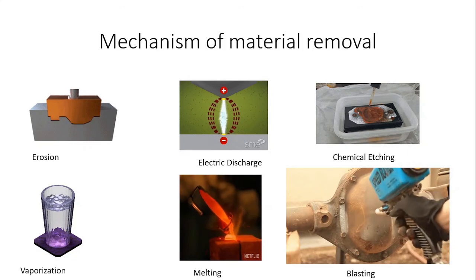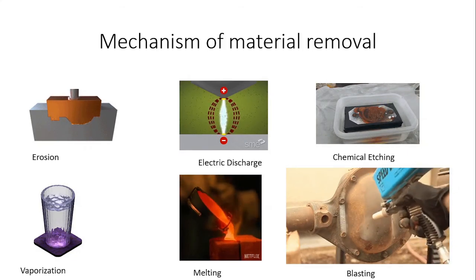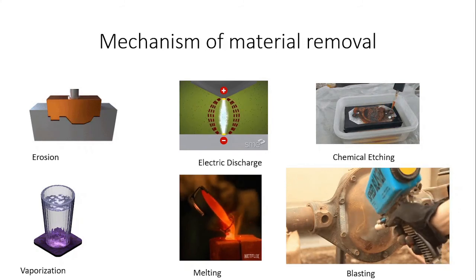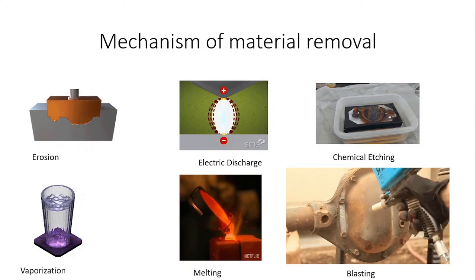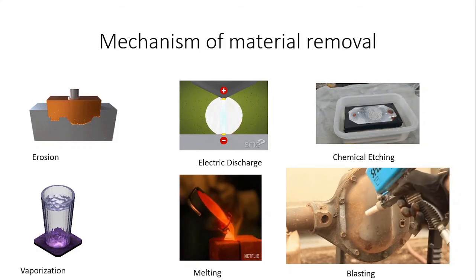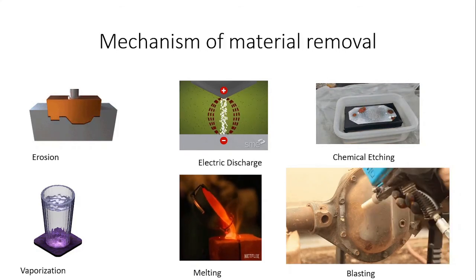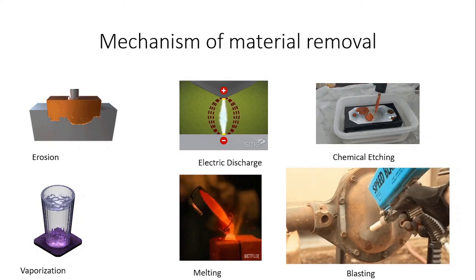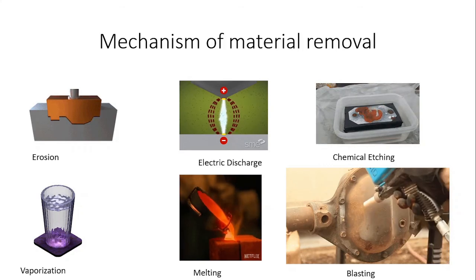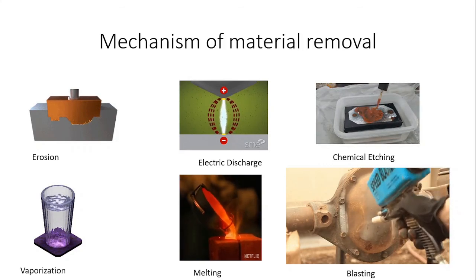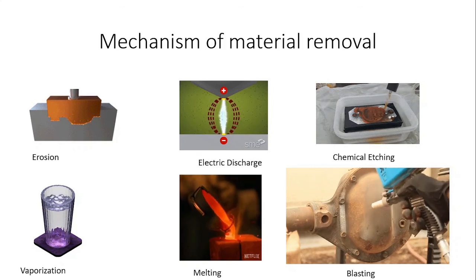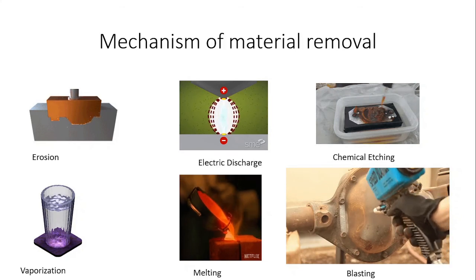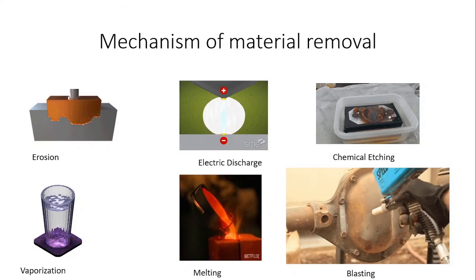After that, blasting, like sand blasting or shot blasting, is available in manufacturing industries for removing rust from the workpiece material, as in this photograph. The rust or oxide particles are removed with the aid of sand blasting. This is also one kind of material removal mechanism. Plastic deformation occurs when sand blasting the workpiece material, and due to that plastic deformation, the unwanted material is removed.